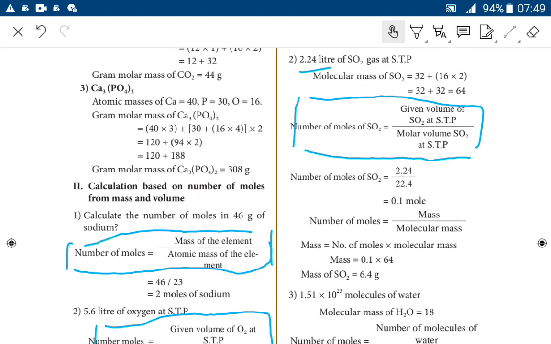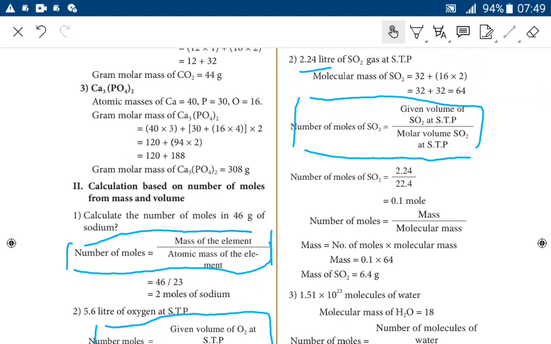And when you go into it, you can multiply by 100, or you can simply cancel to bring out the answer 0.1 mole. First you have to find out the number of moles.